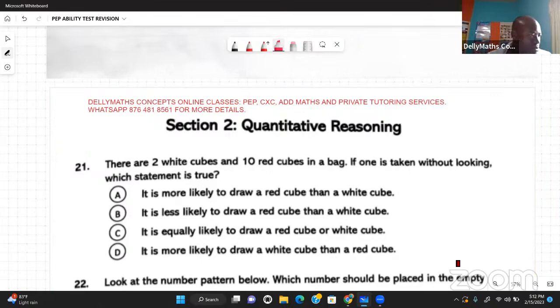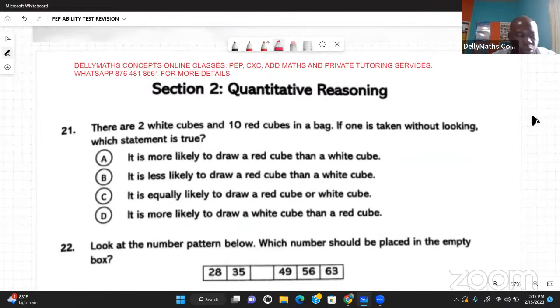All right. Let's go again. All right, guys, I'm back. Found it. There was a little glitch there.